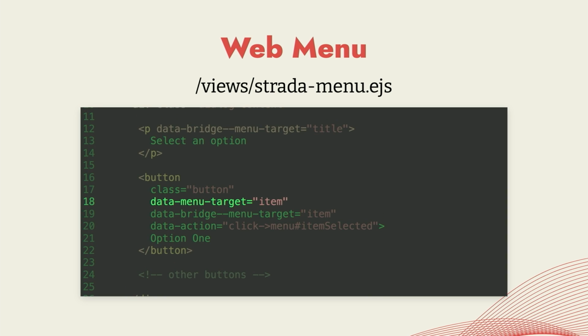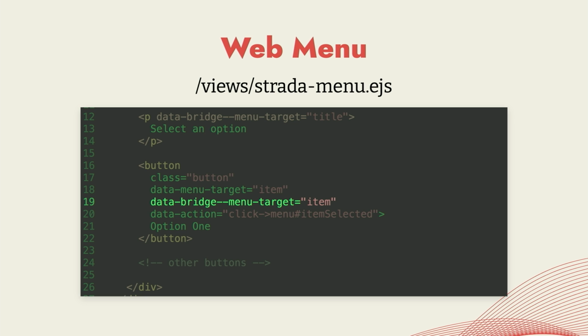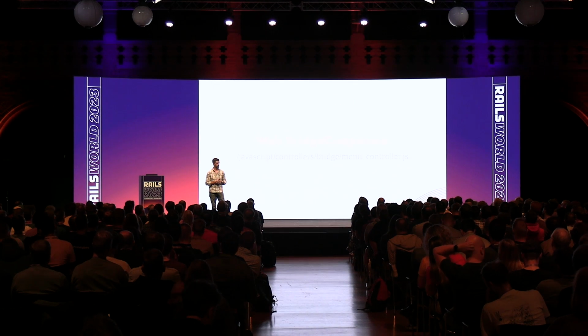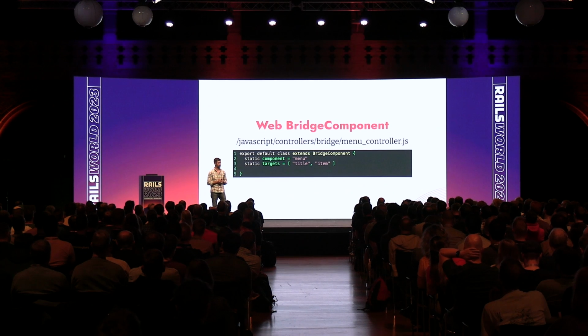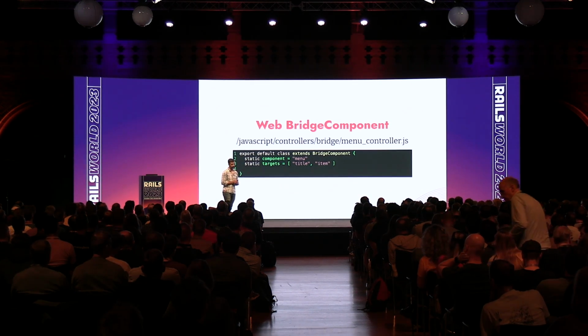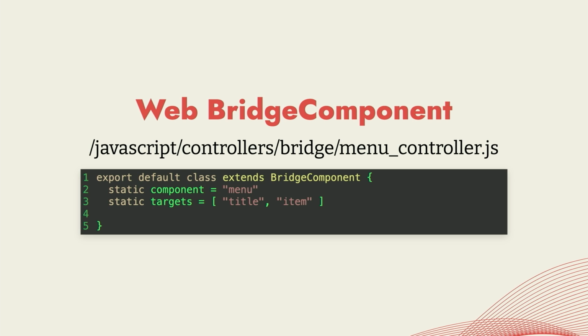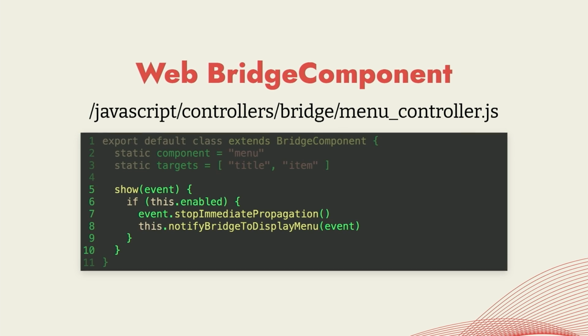We've also got a menu target item. This is an item for the menu controller, and for the bridge controller, we're also going to give an item target as well. So building the web component, we're going to give it the name of menu, and we're going to set up the targets: the title of the menu, and then the items in the menu as well. We've got the show function here, which will be called by the attributes that we set up on the previous slide.